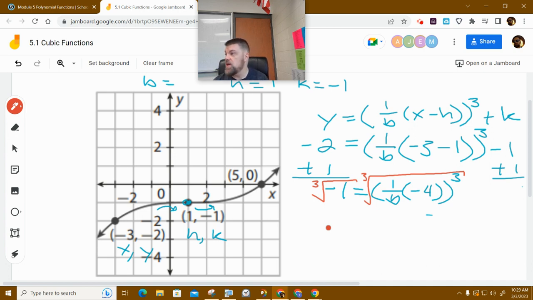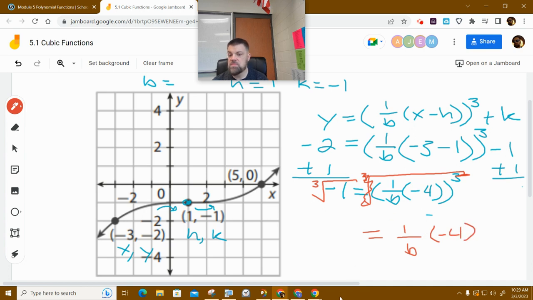We're undoing squares. But you could do any power. You could do the cube root, the 4th root, 5th root, the 100th root, okay? And so that little number goes here. What we're thinking, this cube root undoes this, and on this side, I just get 1 over B, okay, times -4.